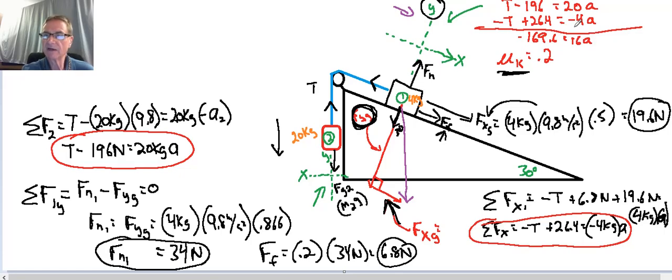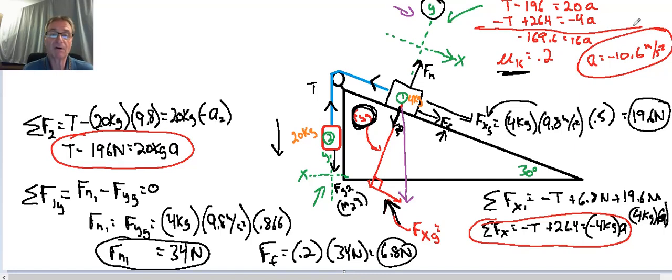And if I divide each side by 16, I get a value for a of negative 10.6 meters per second squared. Why is it negative? Because it's either going to the left or it's going down. And so our acceleration is going to be negative in this case.